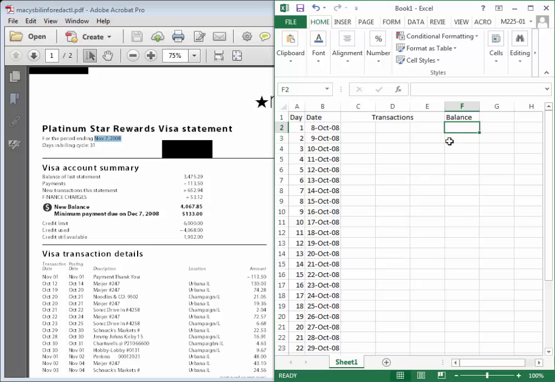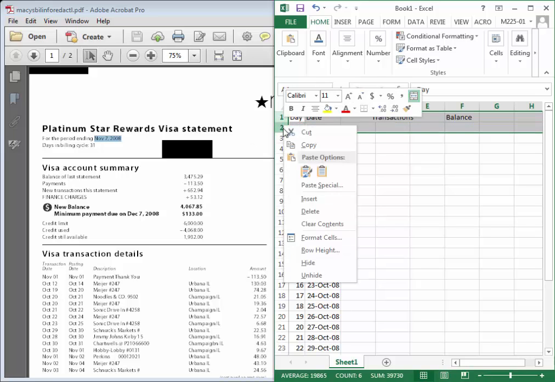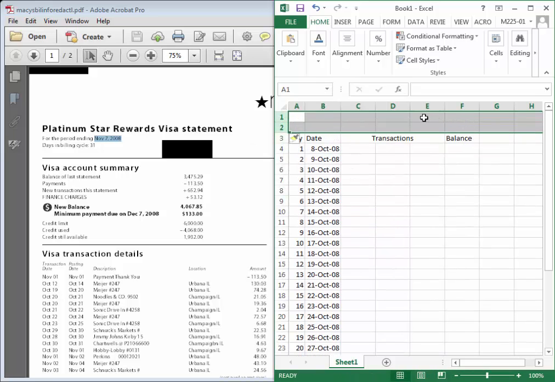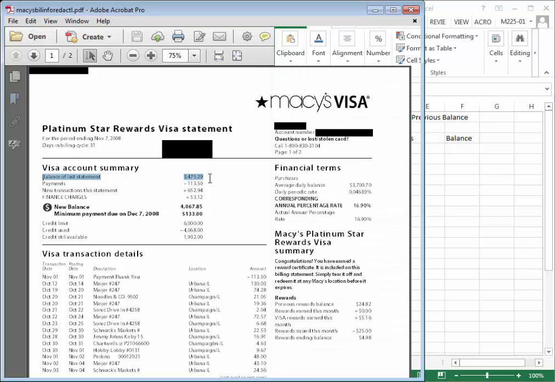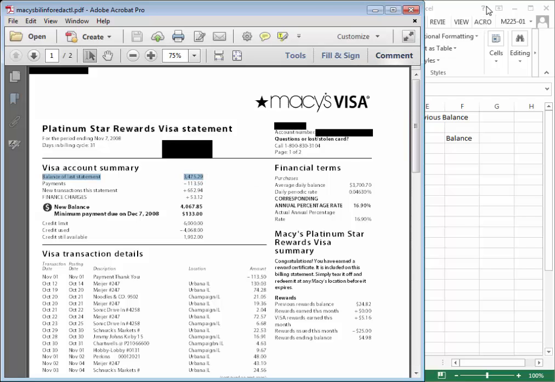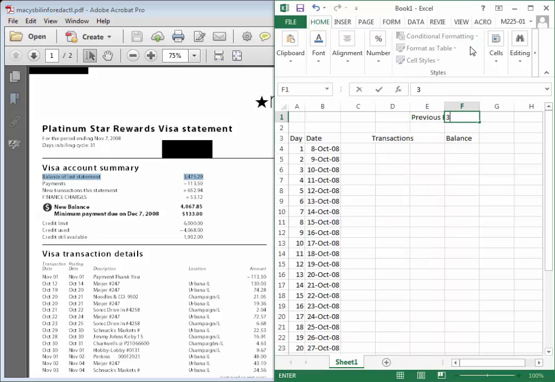And so here I'm going to have the balance. Now, I do need to know where I started from. The previous balance, according to the statement, this right here, balance of last statement, is $3,475.29.